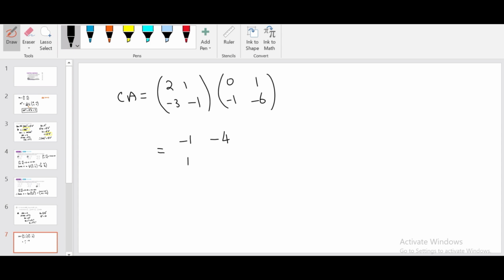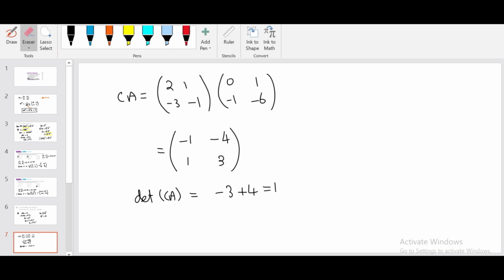And then minus 3 times 1 minus 1 times 6, so it'd be positive 3. Now, we need to find the determinant value of CA, which is the multiplication of the leading diagonal minus this. So you get 1.